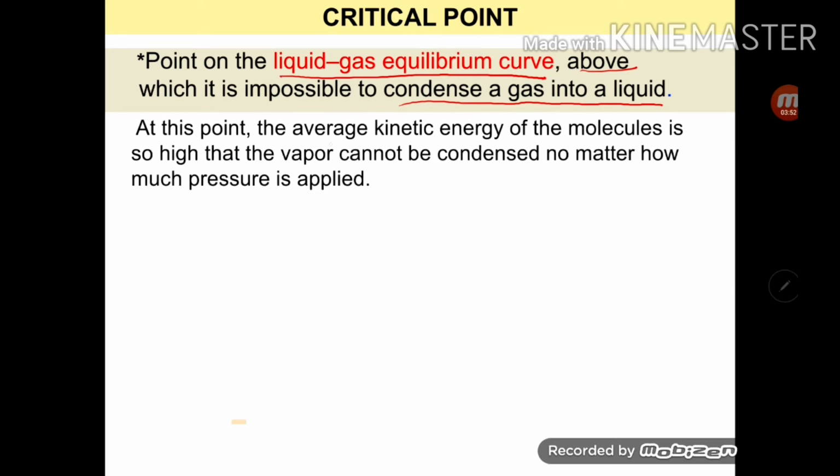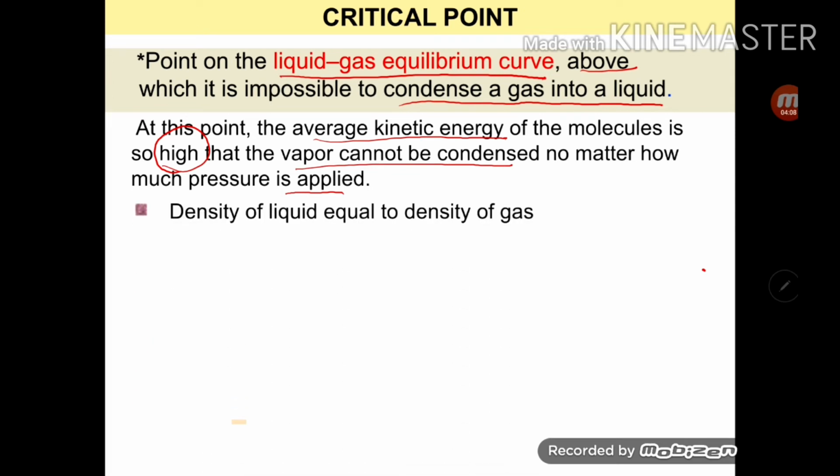At this point, the average kinetic energy of molecules is so high that the vapor cannot be condensed no matter how much pressure is applied. At this point, the density of liquid equals the density of gas, and the phase boundary disappears at this critical point.